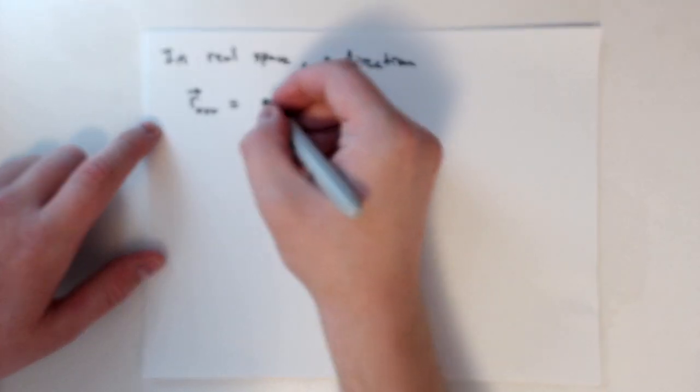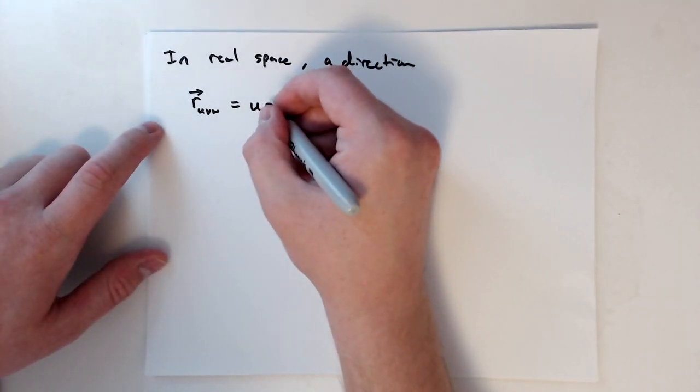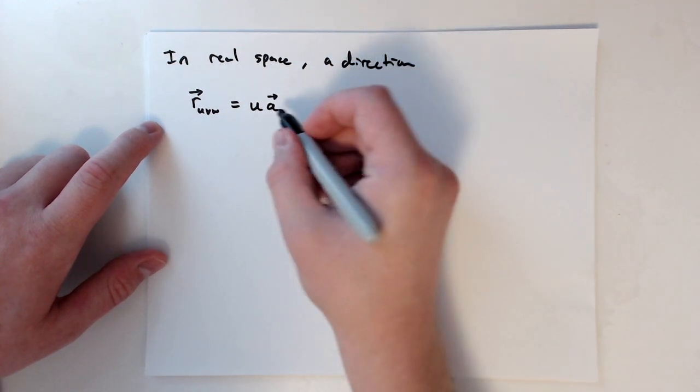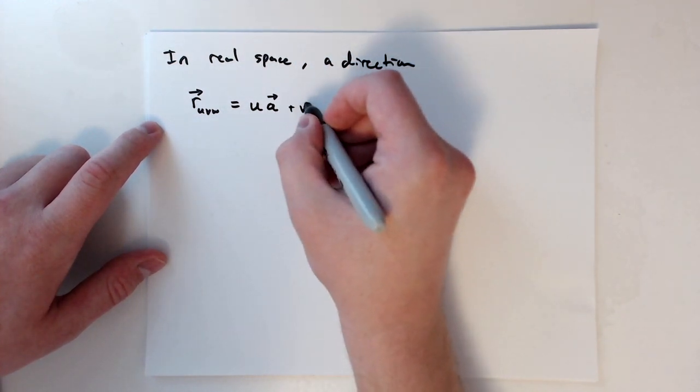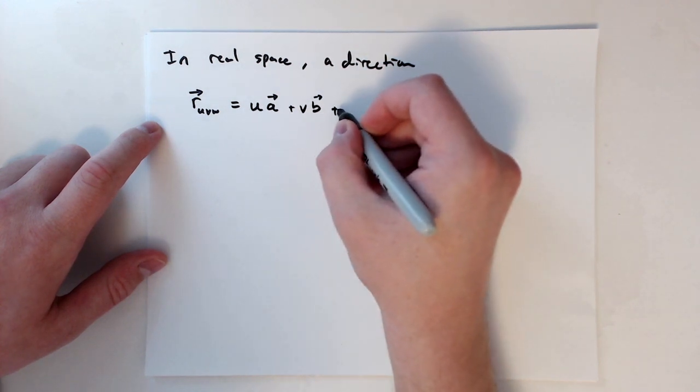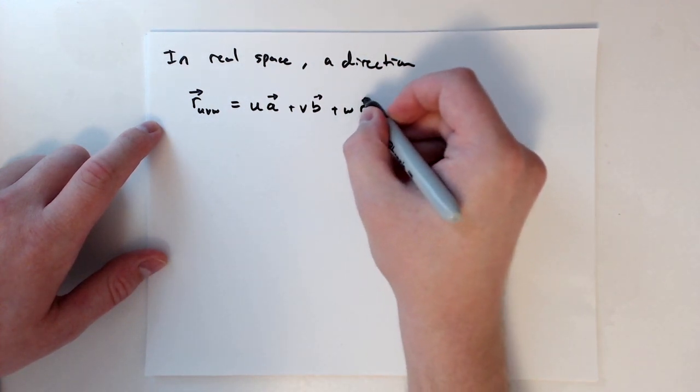So that vector is some length u in the A vector plus some length v in the B vector plus some length w in the C vector, right?